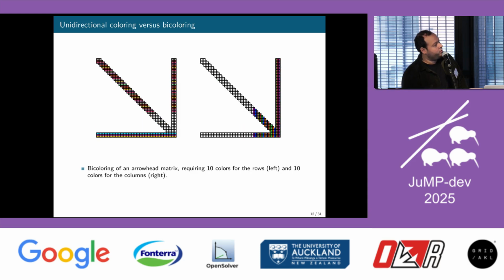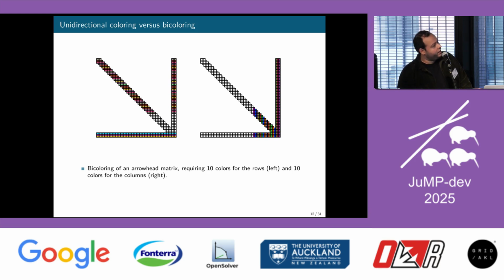And if we use bicoloring, you can easily see that all the rows at the bottom can be recovered efficiently with the row coloring, and all columns on the right with the column coloring, and those subcomponents can be recovered with row and column coloring. And if we do that, we need way fewer AD passes to recover all the non-zeros of the Jacobian.